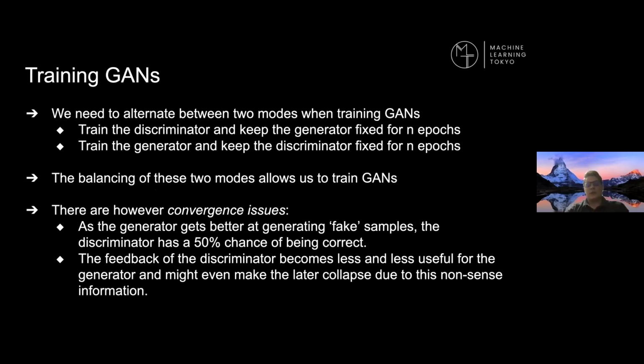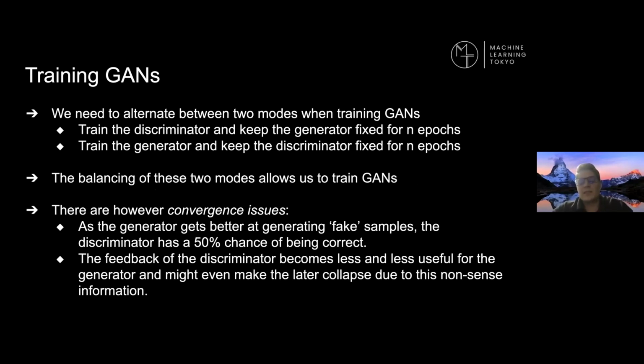However, there are some convergence issues, and it's not very difficult to imagine why. Because as the generator gets better at creating fake samples, the discriminator cannot really tell us whether or not it's real or fake. So it only has a 50% chance of being correct every time, right? So the feedback that we are going to get from the discriminator becomes less and less useful over time.